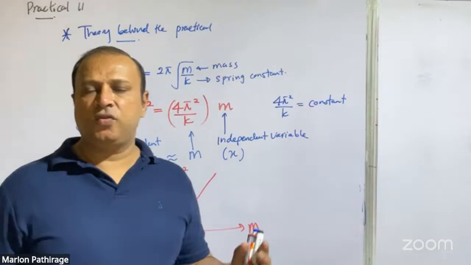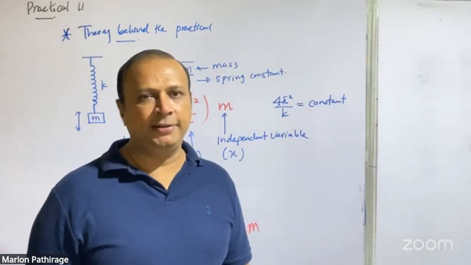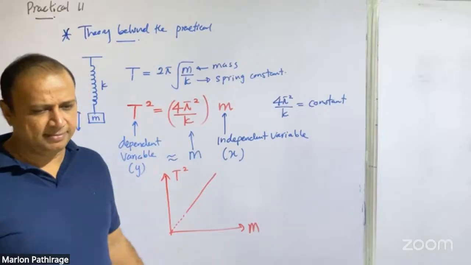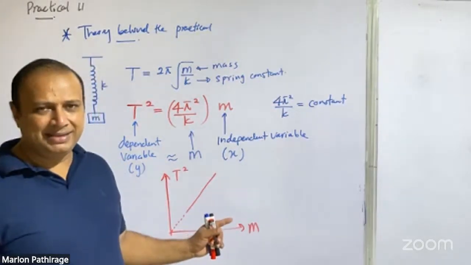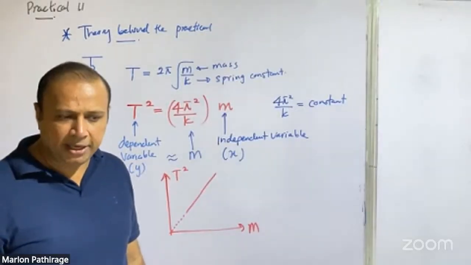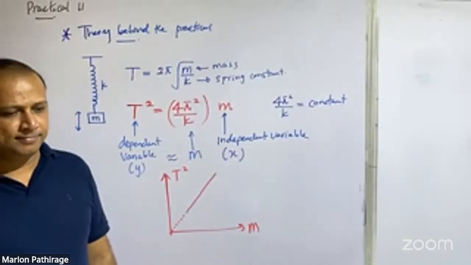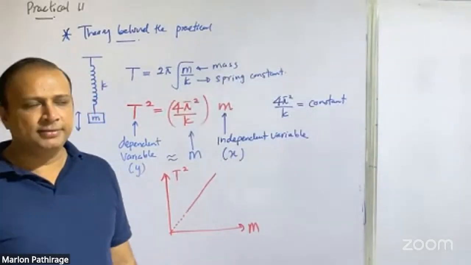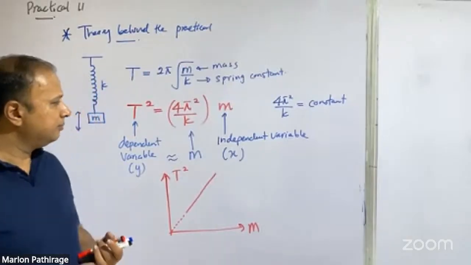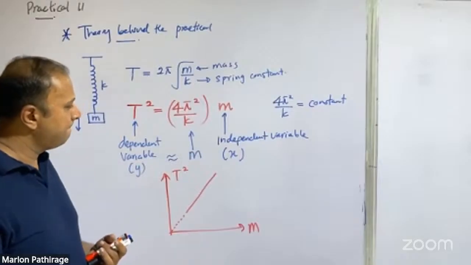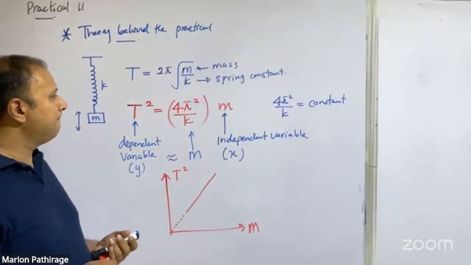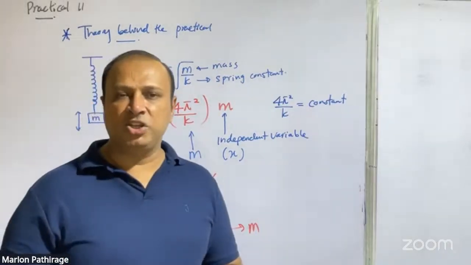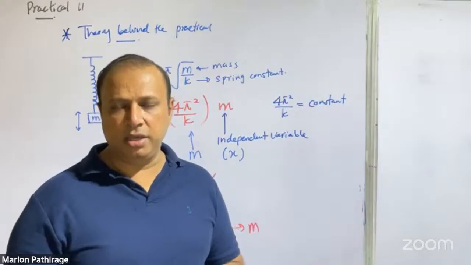If the graph is a y equals mx type straight line, the above relationship can be verified.